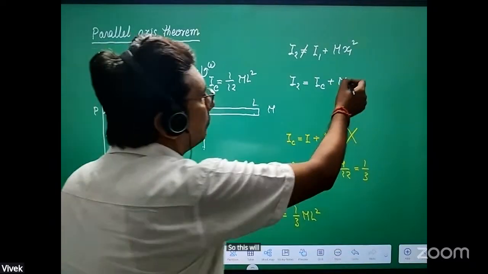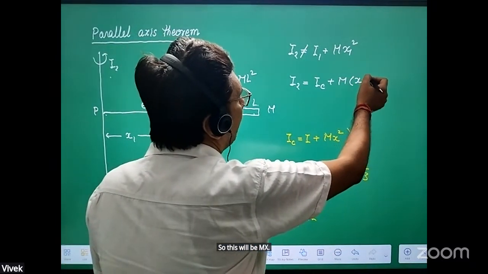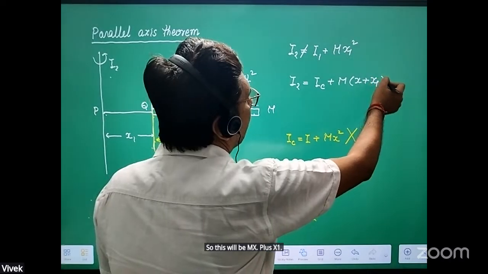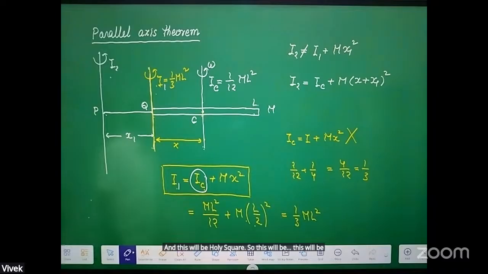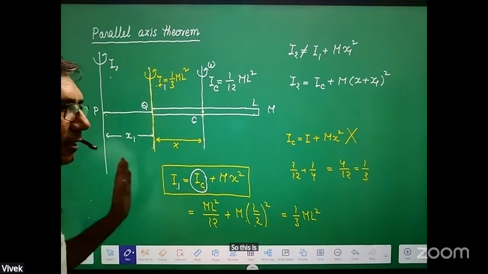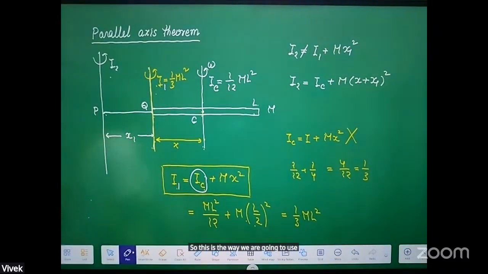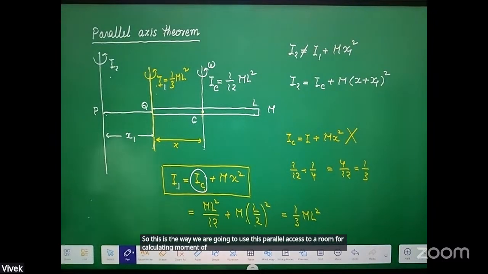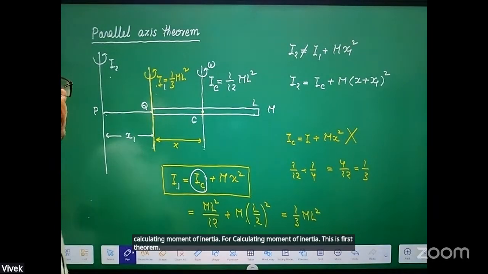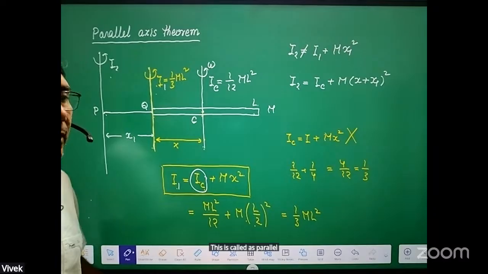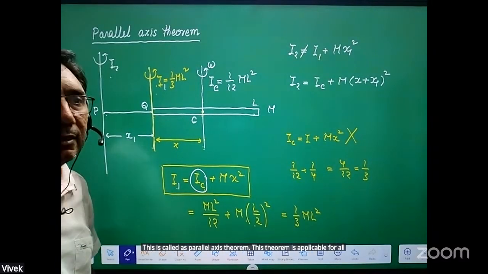So this will be m times x plus x1 whole square. This is the way we use this parallel axis theorem for calculating moment of inertia. This is the first theorem, called the parallel axis theorem. This theorem is applicable for all the cases.